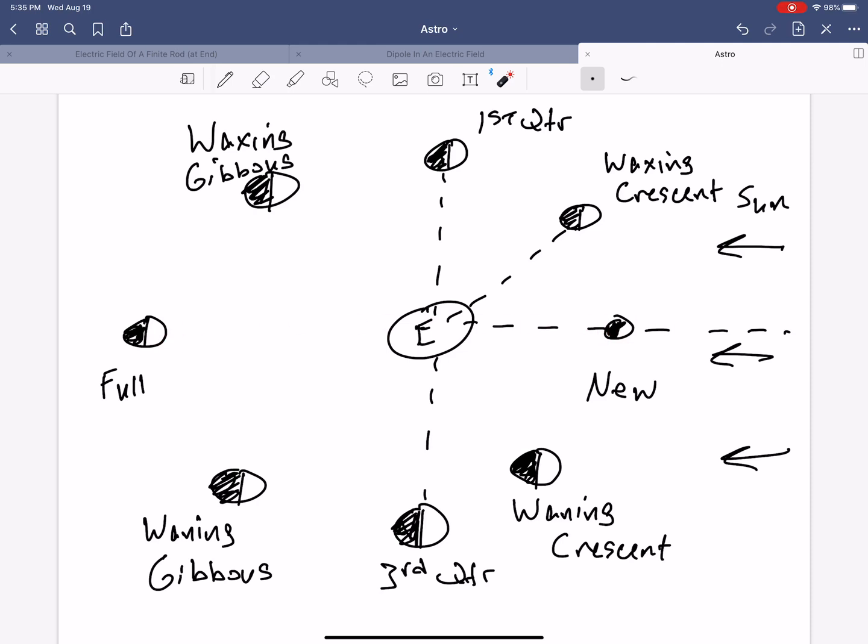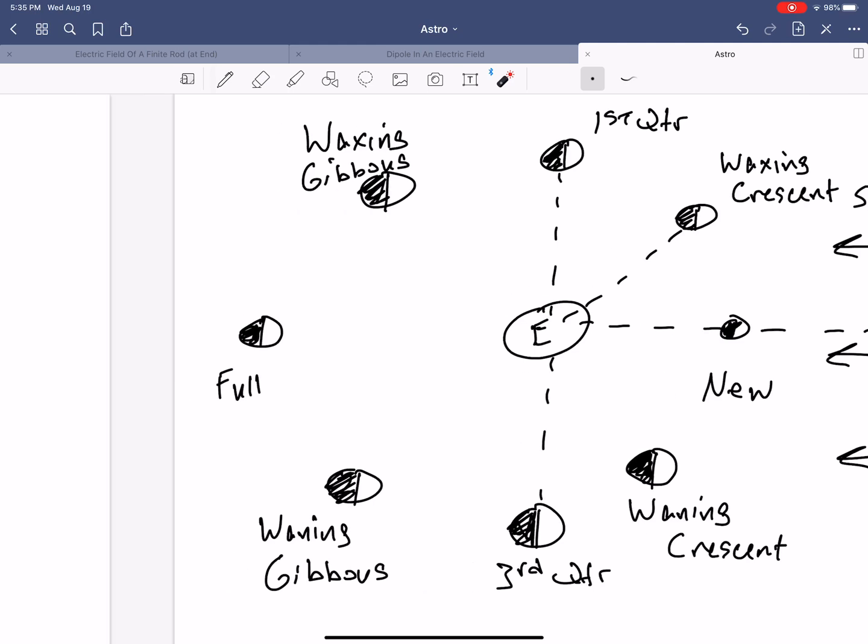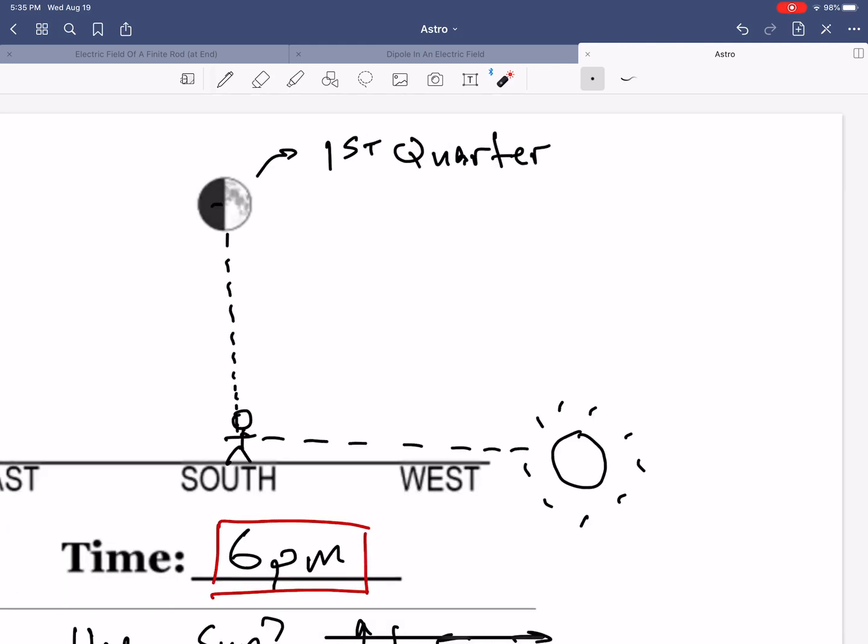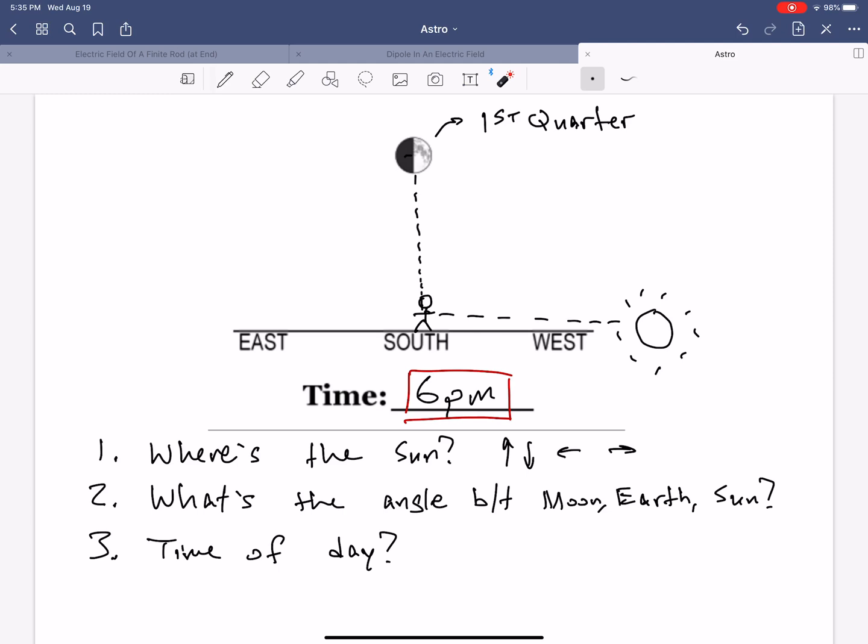It's just greater than 90, but less than a straight line. So keep these angles in mind when trying to determine where the sun has to be based upon the moon's position and the phase shown. All right? Thanks for watching.